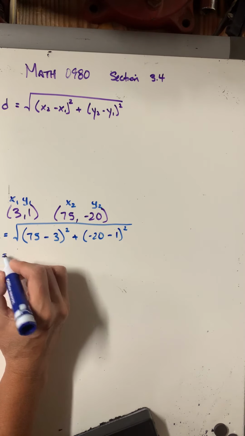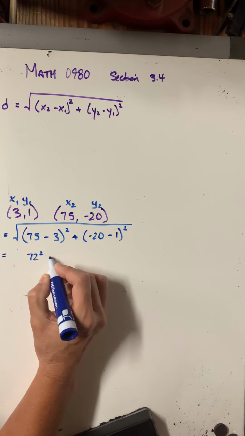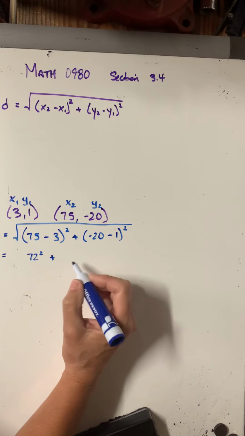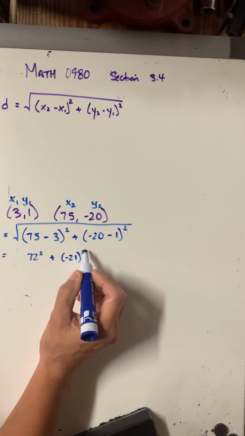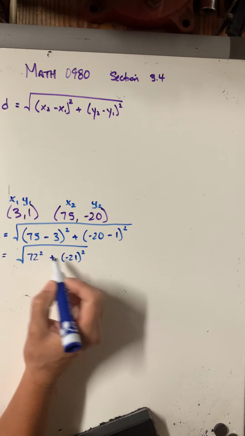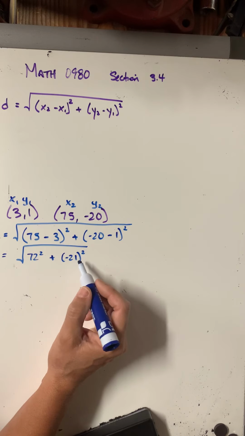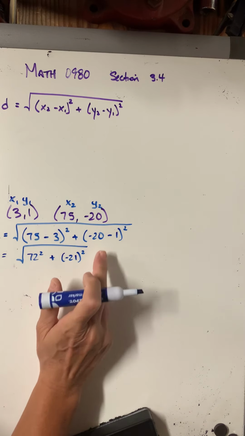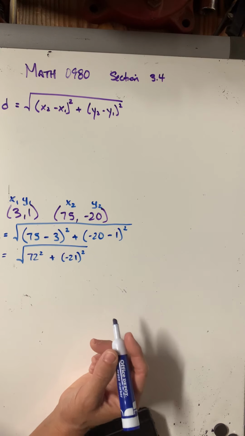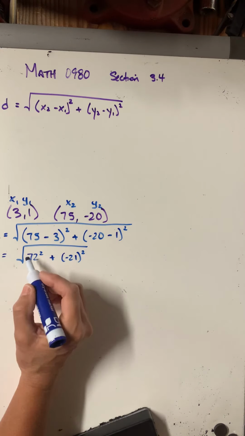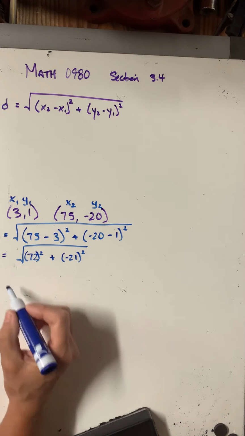Then using your order of operations, 75 minus 3 is 72 squared plus -20 minus 1 is (-21) squared. Notice I put the -21 in parentheses because when I square a negative, it becomes positive. But if I left that out of parentheses, it would have kept it negative and would have made your answer wrong. So if you want to just get into a good habit, just keep them in parentheses.